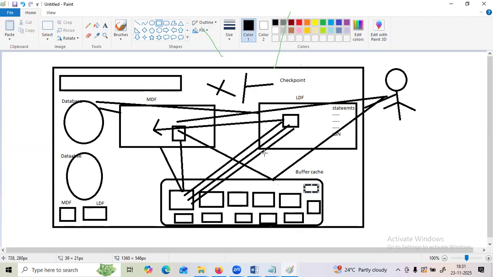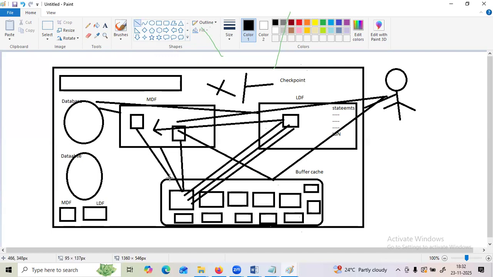So that requires more page reads. What will happen? In the background, SQL Server will take pages from the MDF and keep putting them into the buffer cache, and it will start modifications. Once the commit happens, the dirty page will be kept here as committed. Then one more user transaction came, and that transaction required one more page, so it has to be kept in the buffer cache.